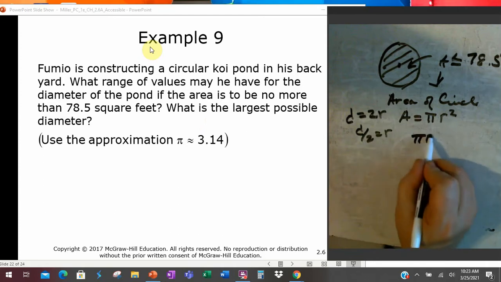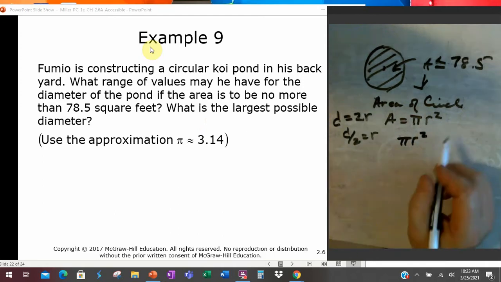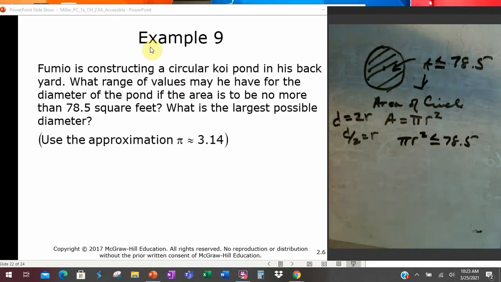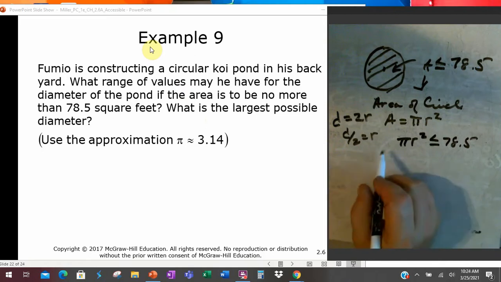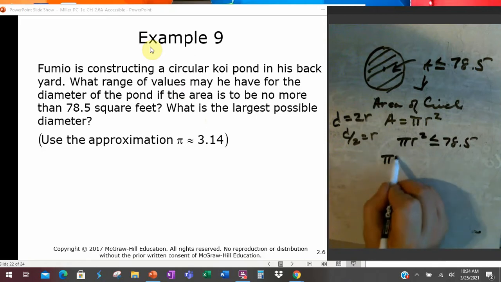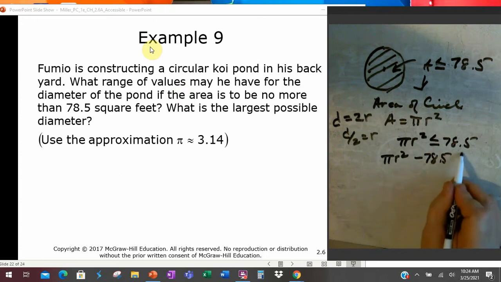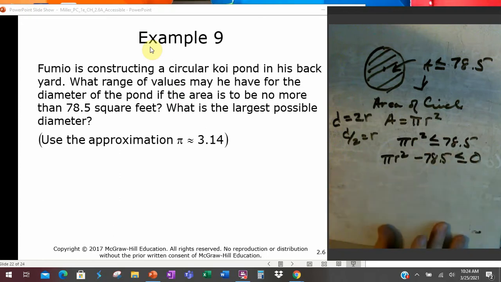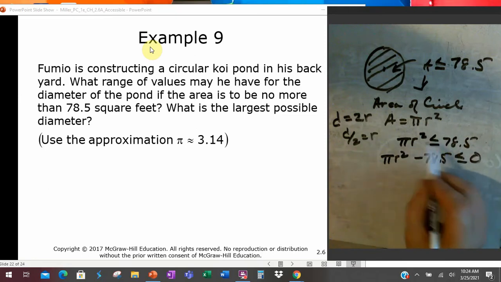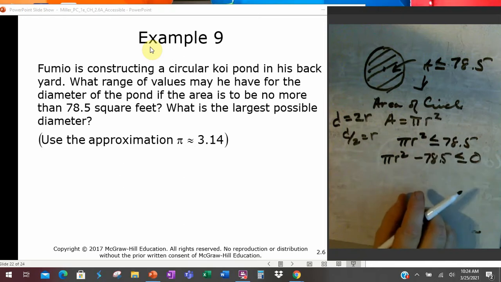So I need pi r squared less than or equal to 78.5. Let's do pi r squared minus 78.5, and I need that to be less than or equal to 0. Let's use the same pattern that we've got here. We could do it a little quicker by saying here's the equal, take the square root, and then say that has to be less than that.